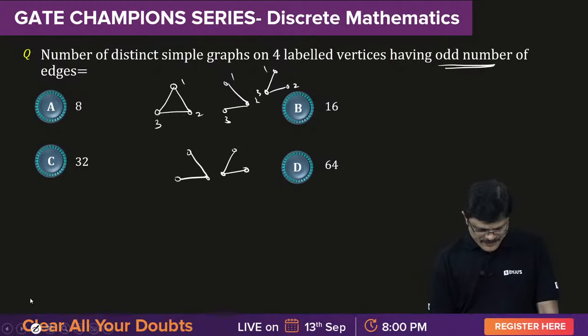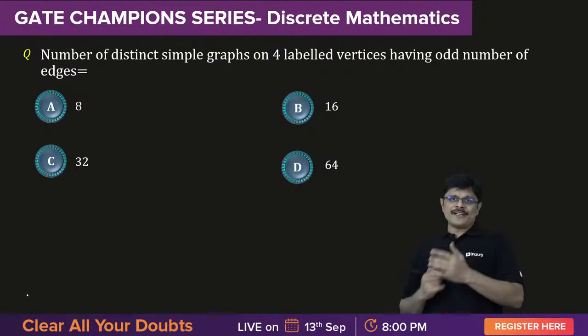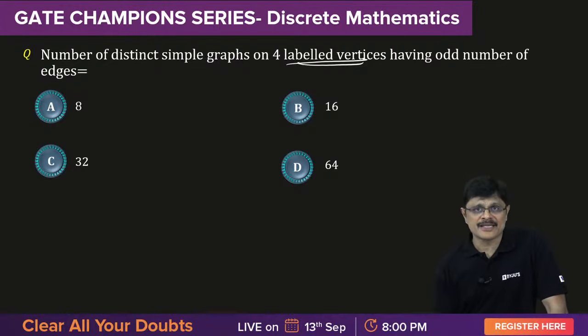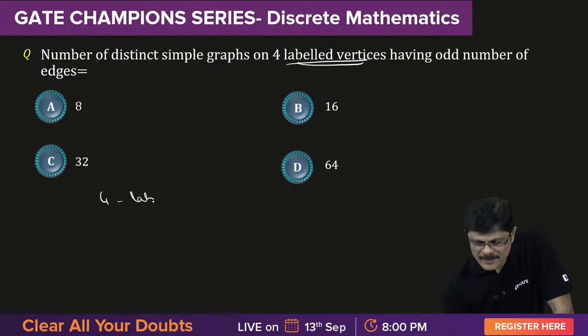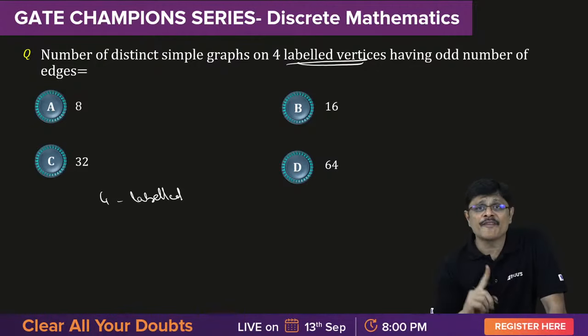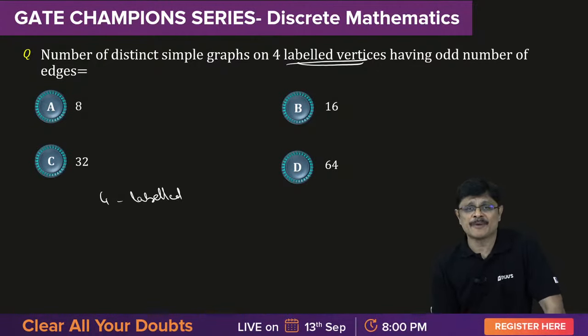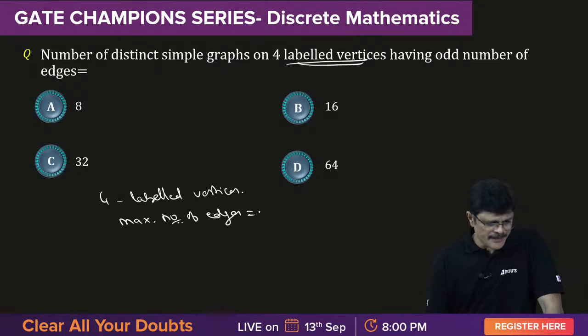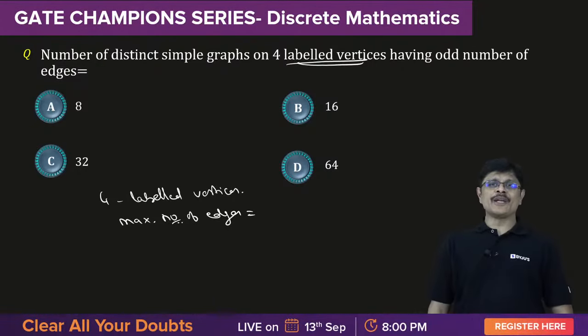I'll explain. See, my dear friends, there are 4 labeled vertices. And this result is for labeled vertices, not for unlabeled vertices. Most of the people have this particular confusion. If you are having 4 labeled vertices, then the maximum number of edges would be, because n vertices are there, how many edges are possible?